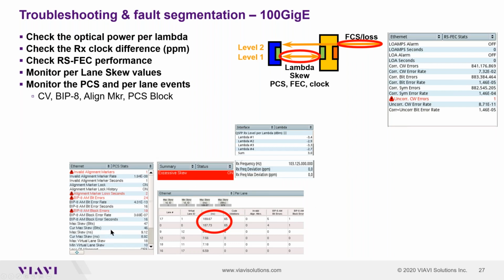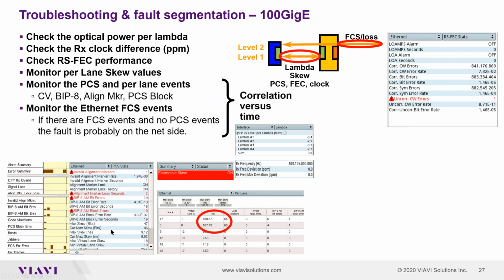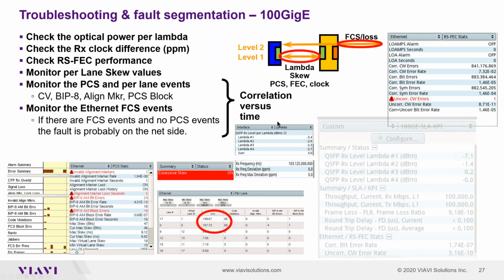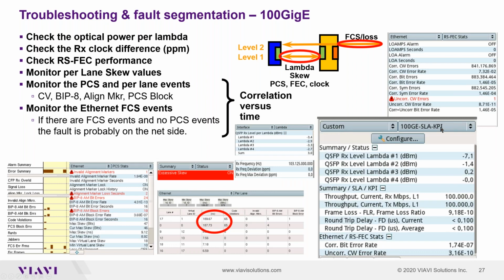We have to check the physical errors, and we have to correlate the physical errors and the protocol errors in time. So with a histogram form to really say, okay, the problem is more here or more here on a local link. And I typically prepare with our test tools what I call a custom result page, where I summarize the most important results.